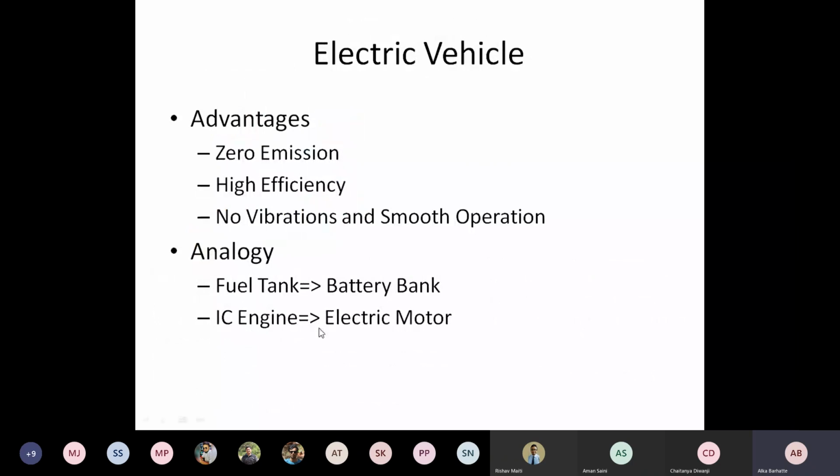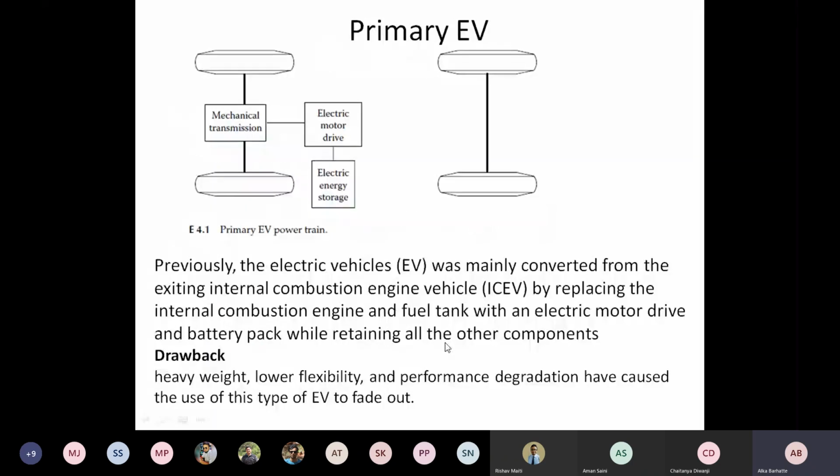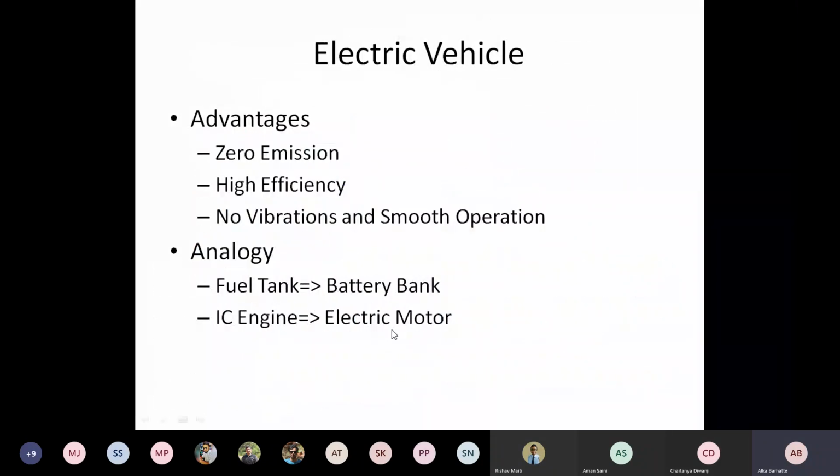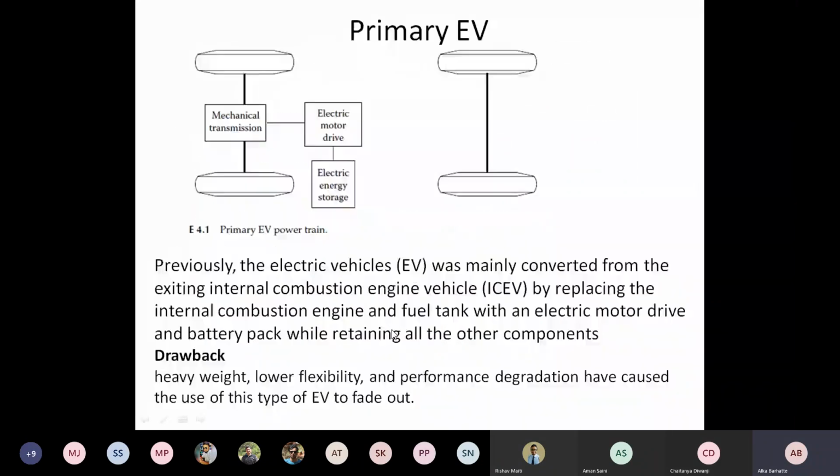Using the same analogy, electric vehicles were initially formed by simply replacing the IC engine and fuel tank with a battery bank and electric motor, with no other modification. The complete drivetrain stayed as it was; only the IC engine was replaced by motor and battery pack.